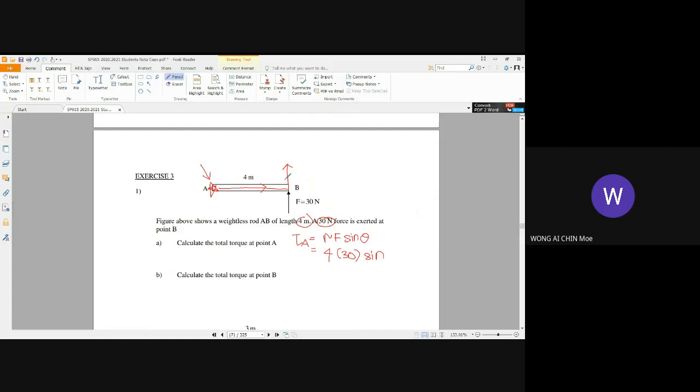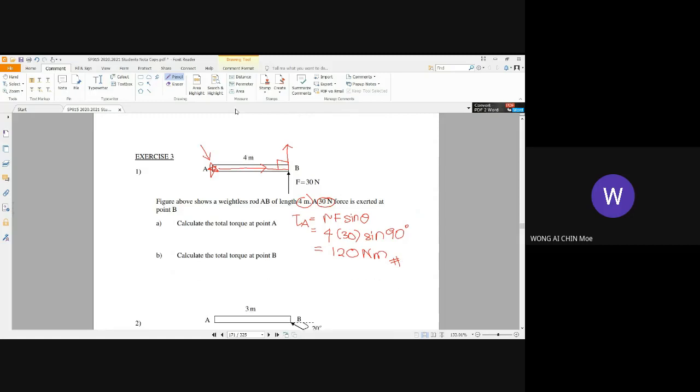The angle between the radius and the force is 90 degree. So you will have 120 Newton meter for question number 1a. Okay, can you understand? Okay, next.